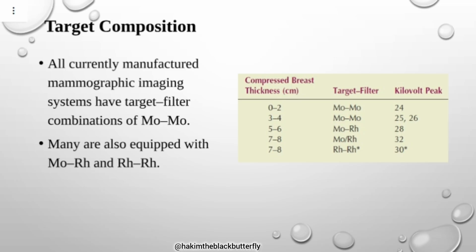Now we are tending to large, so the peak is 28. For 7 to 8 centimeters, molybdenum, rhodium, with a peak of 32. For 7 to 8 centimeters after compression, rhodium, 30 kVp and above. I don't know whether we have such breasts here.